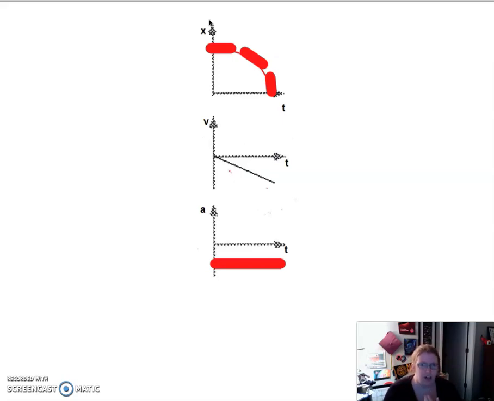Think through, okay, if the slope starts out flat, that means that the velocity starts out at 0. And then the slope becomes more negative, so that means the velocity becomes negative. So talk it through and think about what that means is happening to the object, and what that's going to look like on the slope of my position time graph or my velocity time graph.